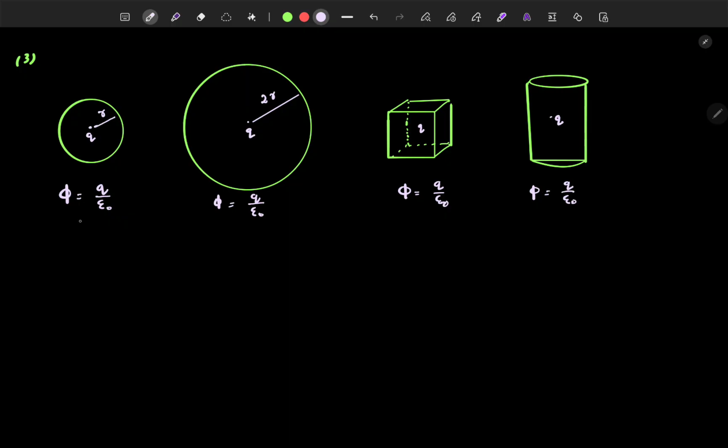So one more interesting point, we came to know that flux is independent of shape and size of Gaussian surface. So remember, we have to consider the charge enclosed within the Gaussian surface.